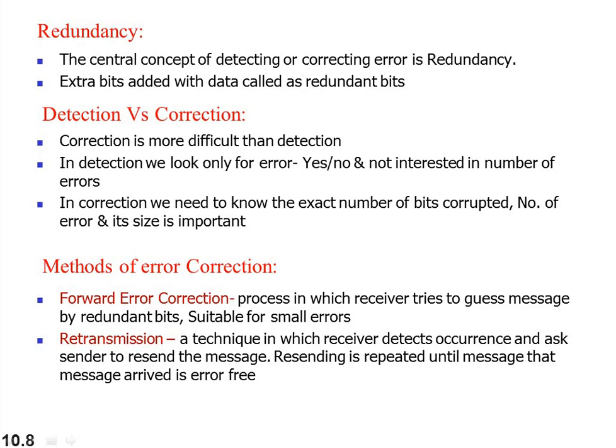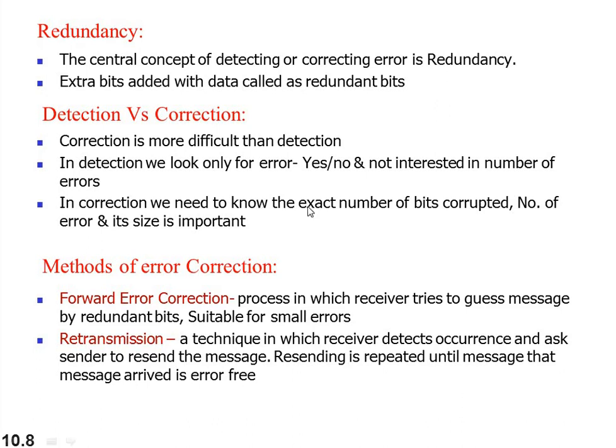Correction is more difficult than detection. In detection you simply look at whether the received information and transmitted information are the same or not. If they are the same, no error is detected. But if not, then you have to find out which bit has gone wrong, detect that bit and correct it.